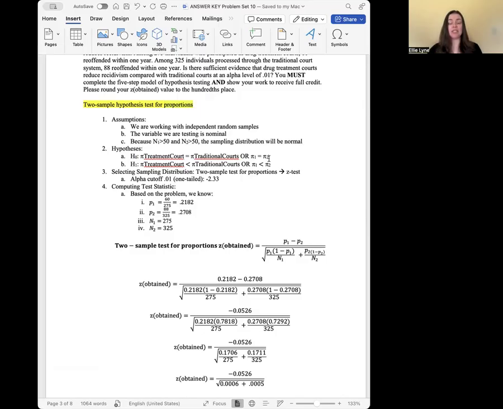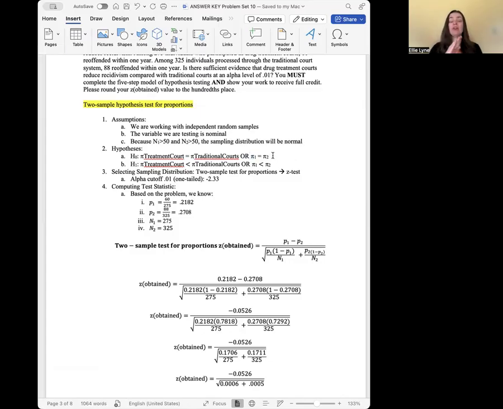An error that I've seen on many problem sets in both problem set 8, 9, and even 10 is that folks are still using P rather than our population parameter of pi to designate their symbols here.